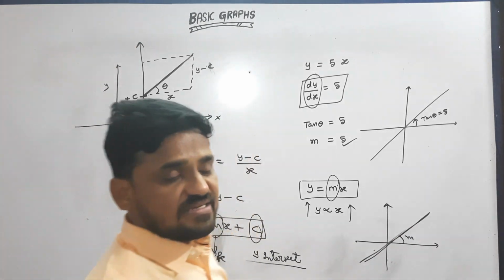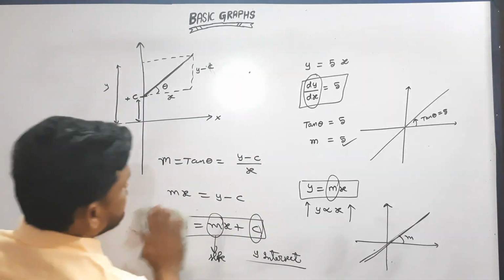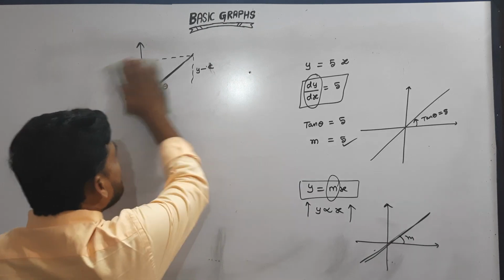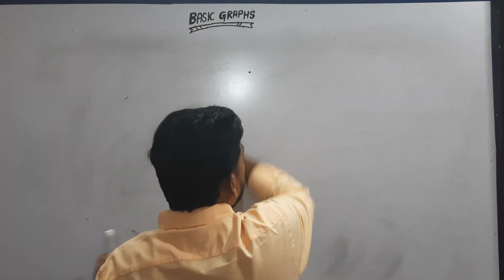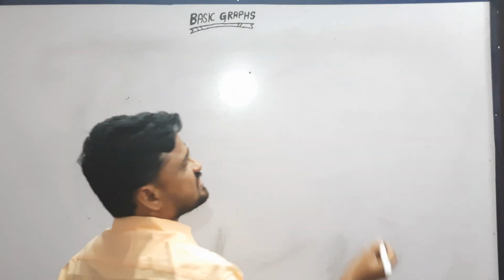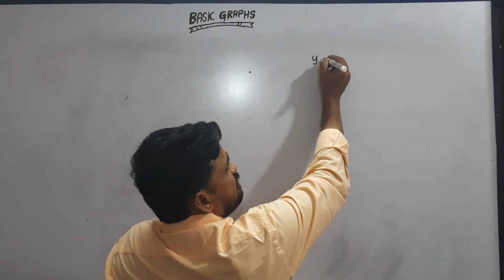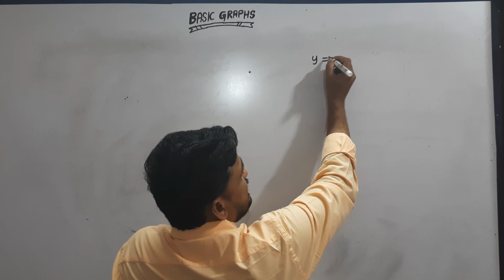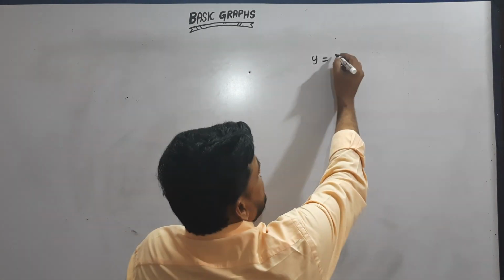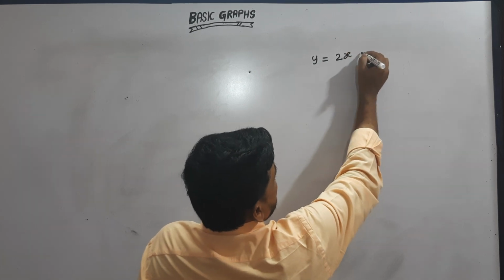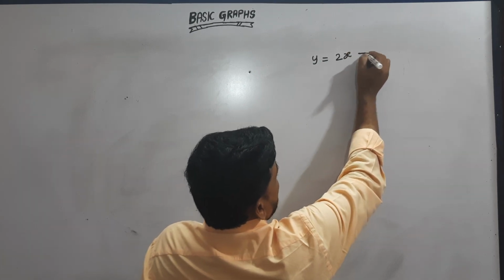So let's draw three or four graphs. Plot a graph of the given equation. Suppose the graph is the relation between two quantities given by the expression y equal to 2x minus 5.